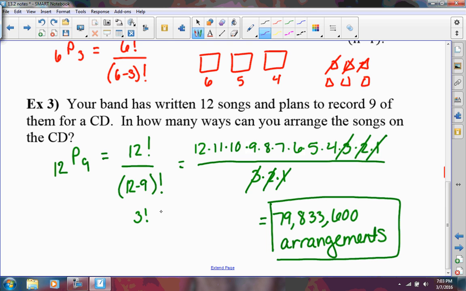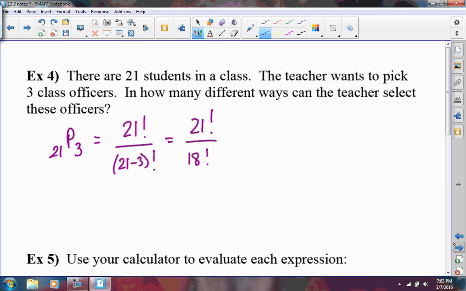If I would have had 5 factorial, that would have been 5, 4, 3, 2, 1. That would have canceled. So here, I'm going to have everything from 18 and down cancel. So that means I'll still have the 21 times the 20 times the 19, but I won't have the 18, 17, 16, and so on all the way down to 1. Okay? So this helps me save a little room when I'm actually writing this all out.